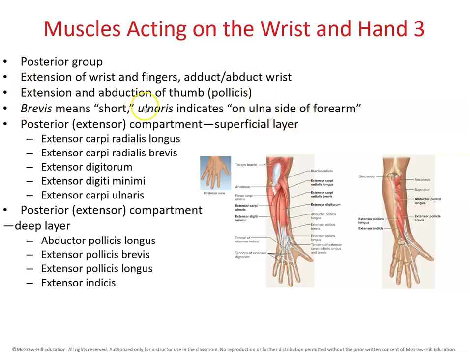So use your keywords to help you remember what these muscles do. Okay, so in the superficial layer, we have several muscles, and then in the deep layer, we have several other muscles. And I know the picture is small. I'll let you guys look those up in the book. I think that'll be better than me trying to read them to you.